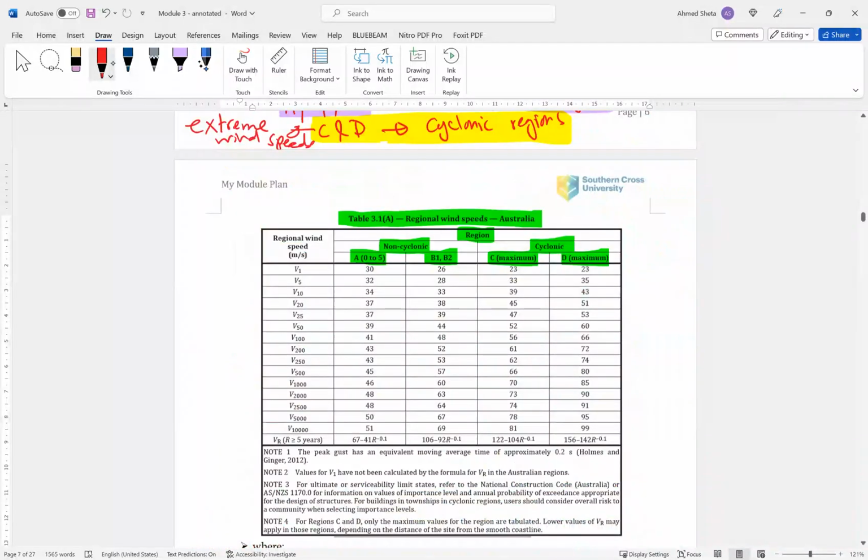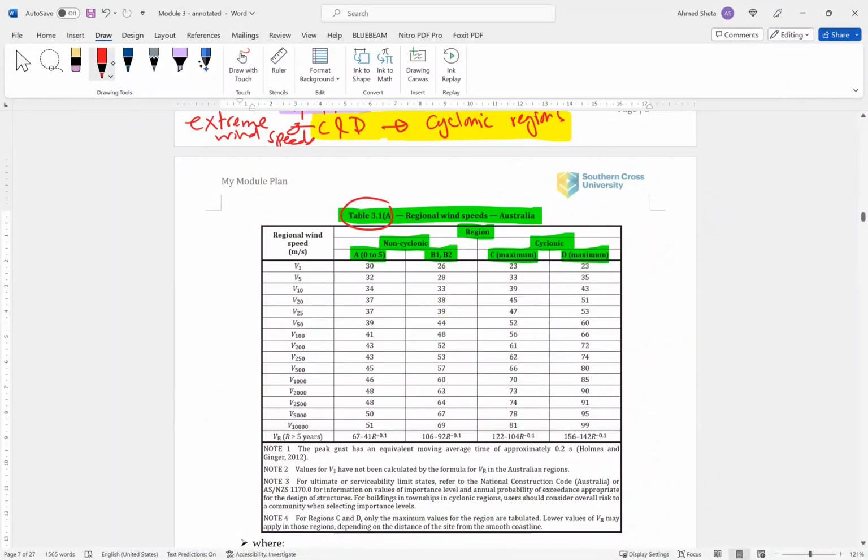And now we jump to Table A1, which gives the regional wind speed in Australia. The regional wind speed in meters per second depends on the region: A0 to A5 in this column, B1 to B2 in this column, and C and D in these two columns. But what are V1, V2, V5? This is called the probability of occurrence, here in note 3.